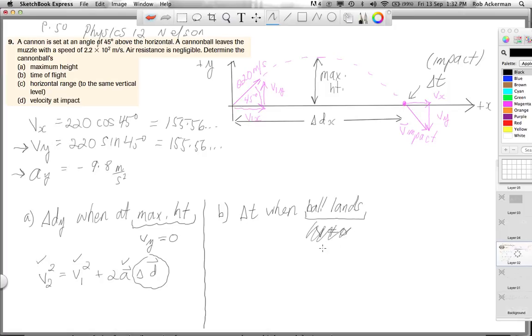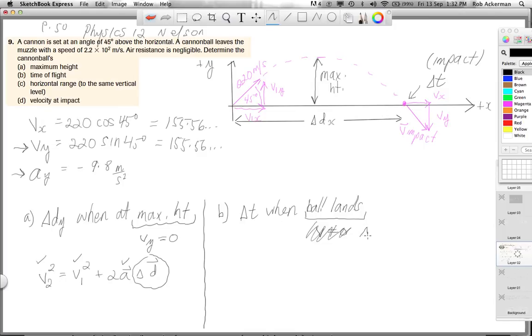We need a better condition that no one can disagree with, because then we'll know we have it correct. When the ball lands, I'll tell you something that happens that's for sure. In this case, because we're dealing with level ground, the ball returns to the height that it started at. You can see from the diagram here, this is why you have to draw diagrams, because otherwise you can't see what's going on. When the ball lands, it is definitely, without any argument, back at the same vertical position that it was at when it started.